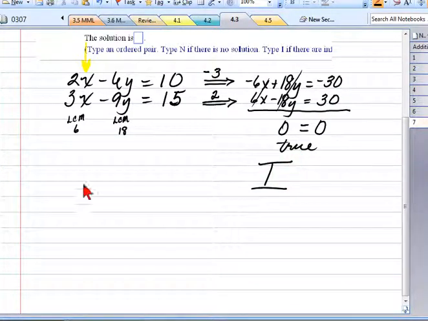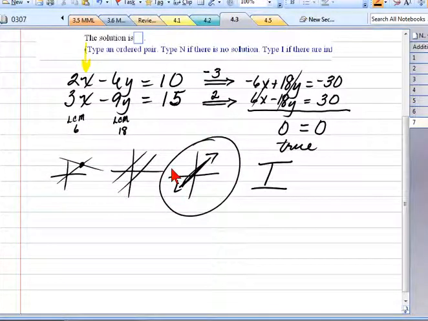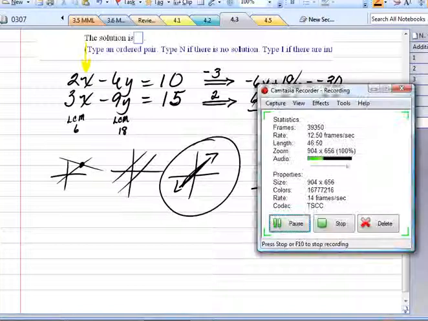And if I were graphing it, would it be intersecting lines, parallel lines, or coincidental lines? It would be coincidental. They intersect everywhere. They have an infinite number of solutions. All right, that takes that lesson to its conclusion.